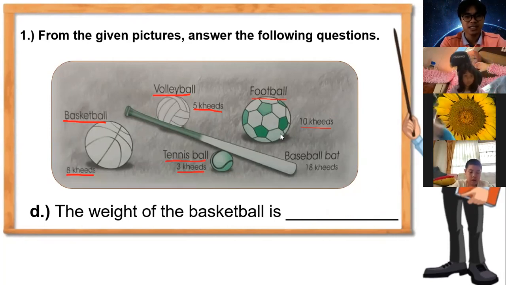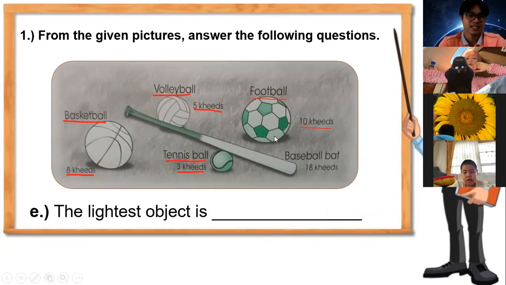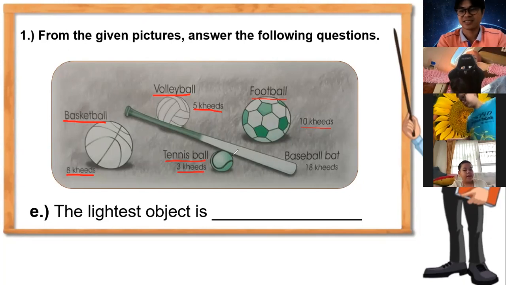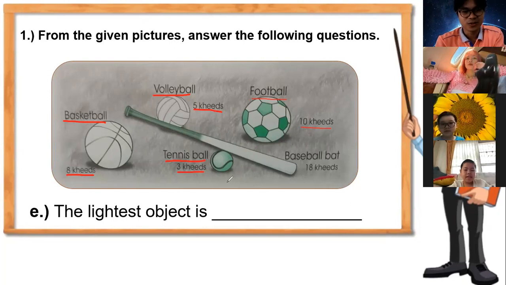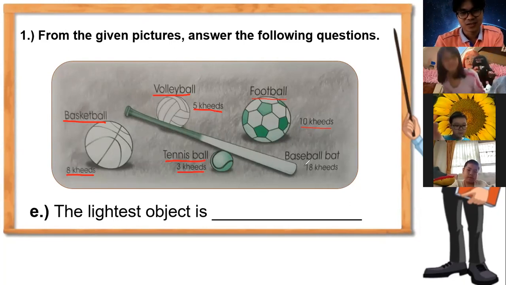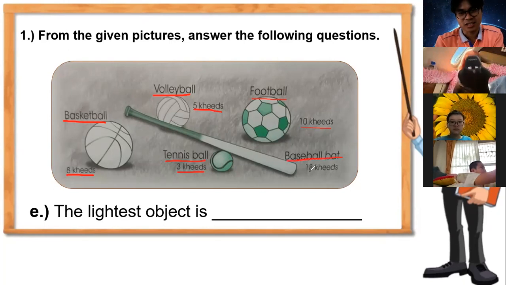Next. Let's go to letter E. The lightest object is? Which one is the lightest object? Baseball bat is 18 kids.